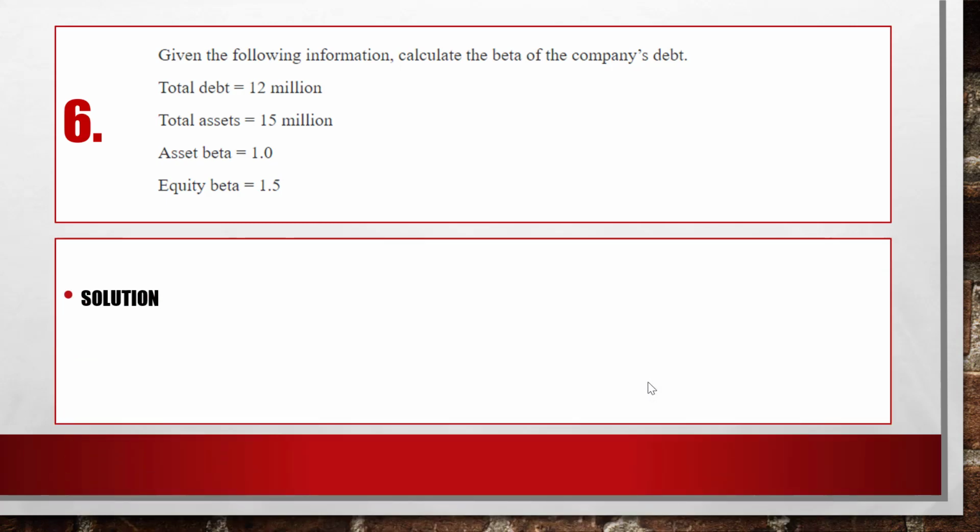So here, again, we have to use the unlevered beta equation. So we got beta U is 1, right? Is equal to 3 over 15. Here is the proportion of equity over asset. Here we have assets of 15 million, debt 12.